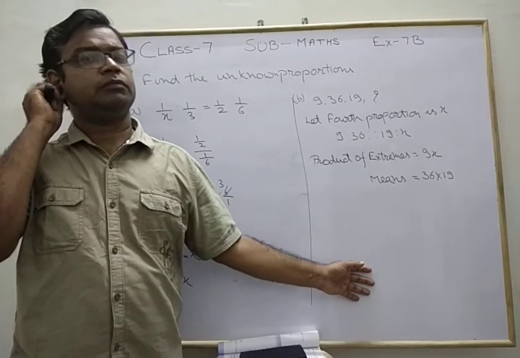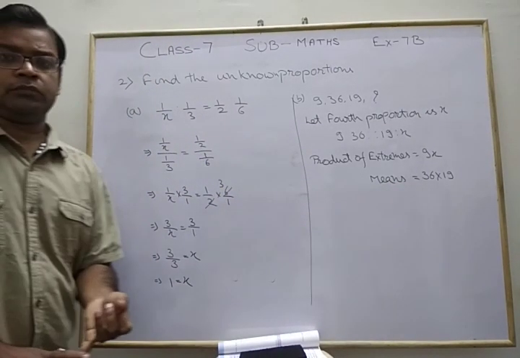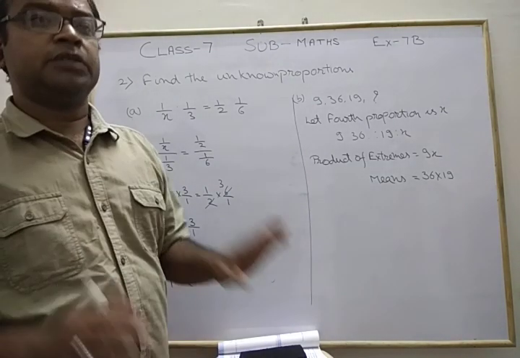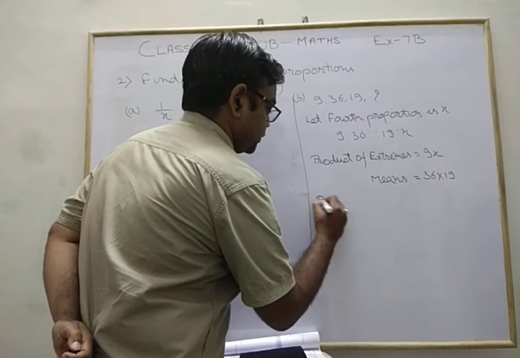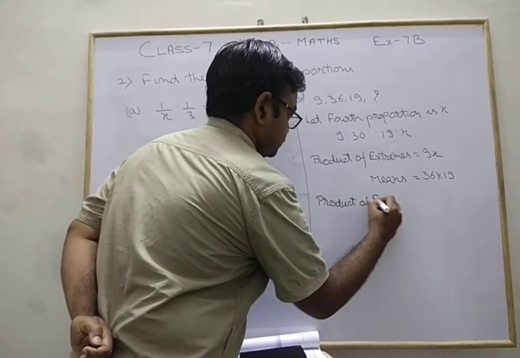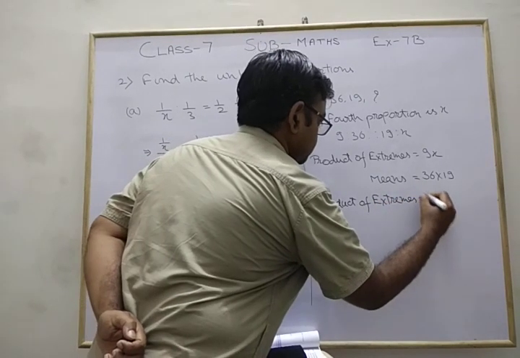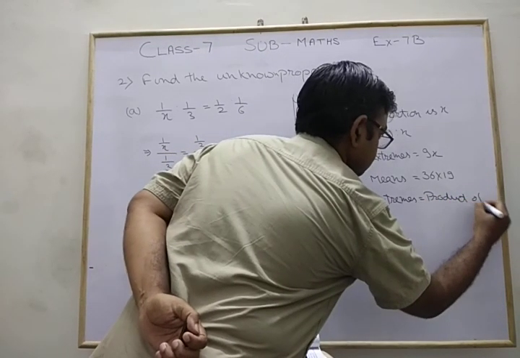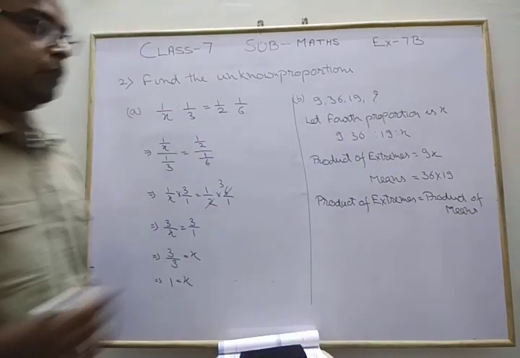So while we multiply, leave it as it is and multiply at last, so that you save time solving the question, and you also save time in the examination. Now, we know that the product of extremes equals the product of means.